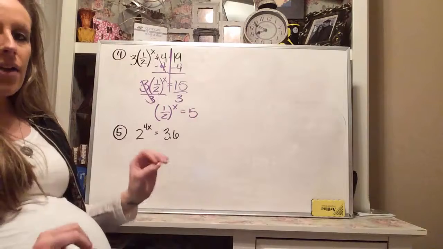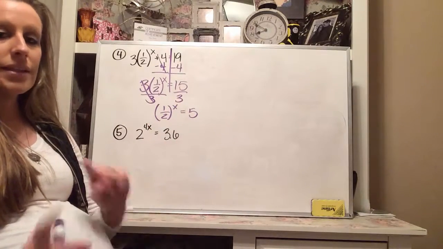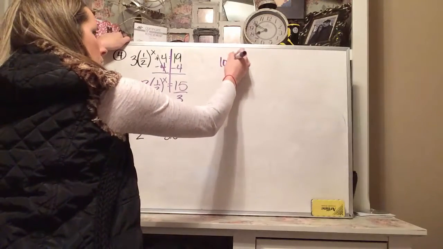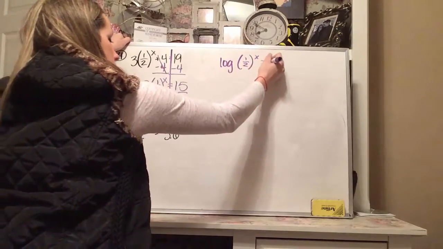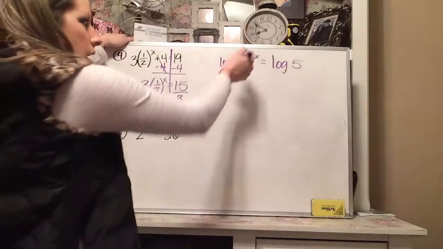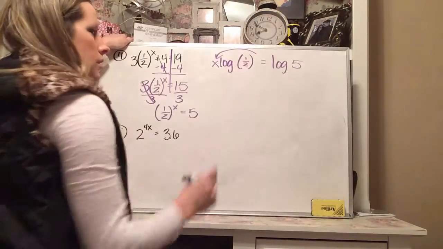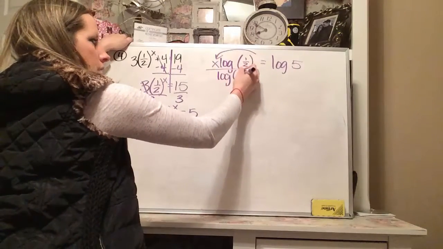Okay, now that that term with x and the exponent is by itself, I can take the log of both sides. So I'm going to have log of 1/2 to the x power equals log of 5. Okay, I'm going to move that x in front of the log, and I'm going to divide by the log of 1/2.